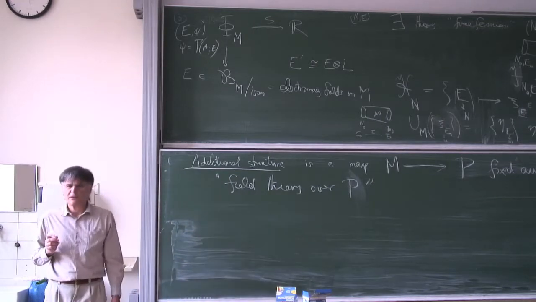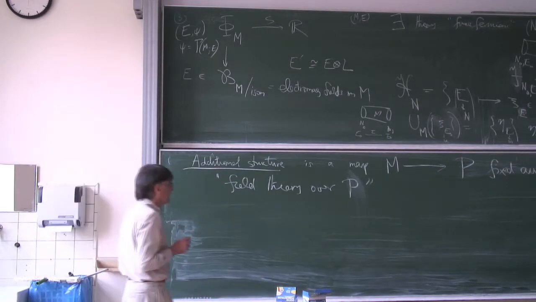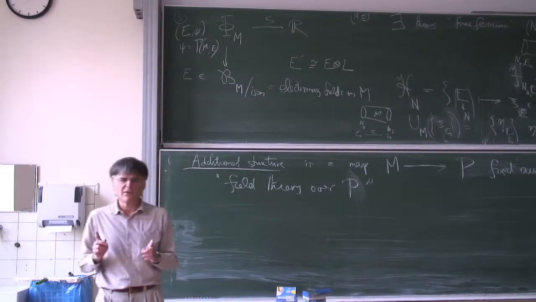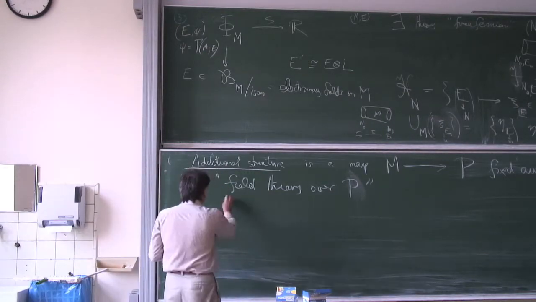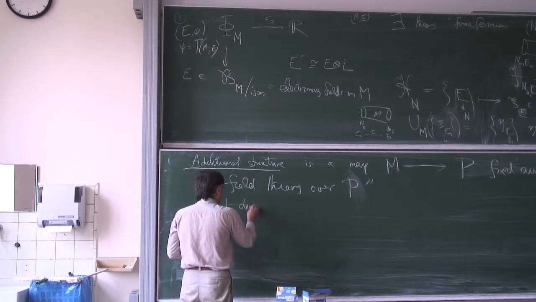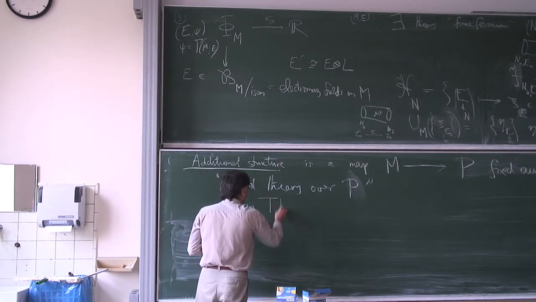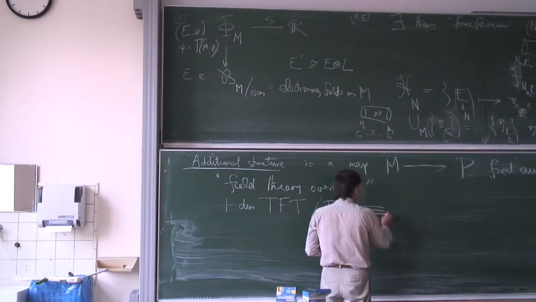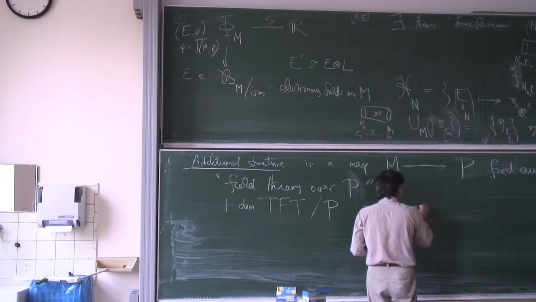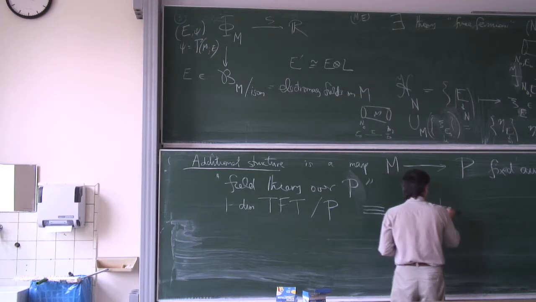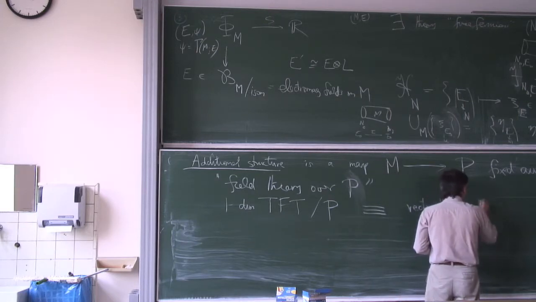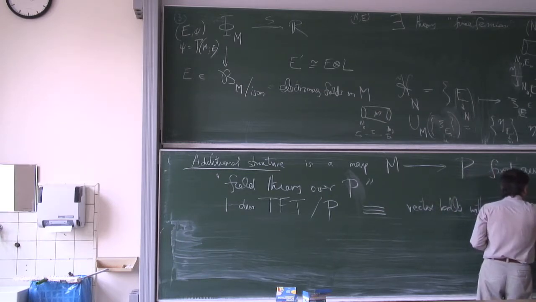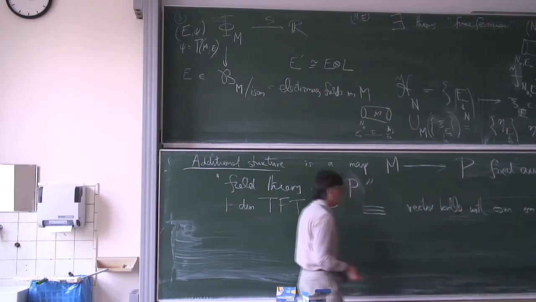Now just to get you in the right frame of mind, let's consider the example of a one-dimensional topological field theory over P. That's meant to be the same thing as a vector bundle with connection on P. Why is that?